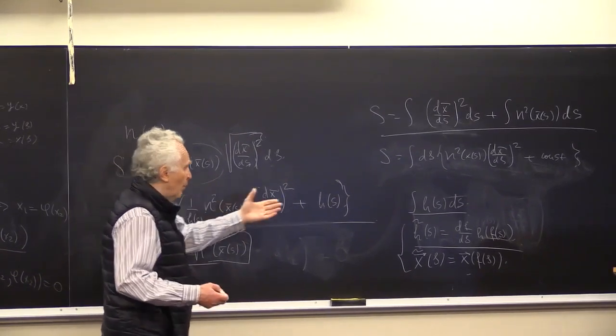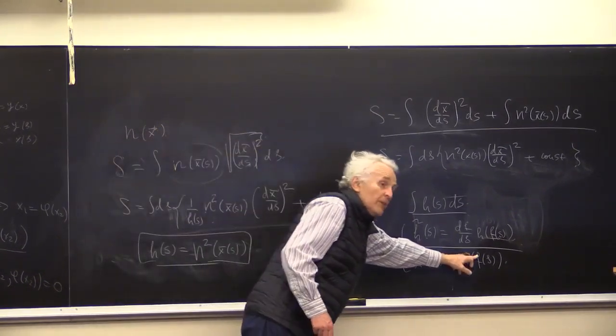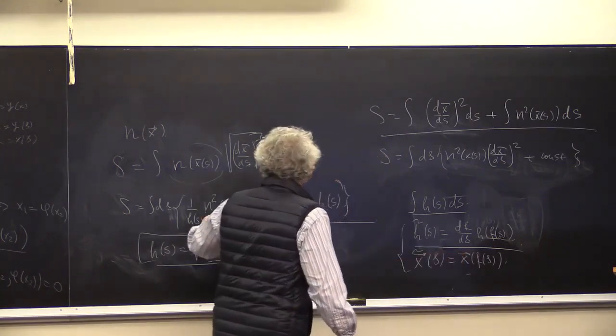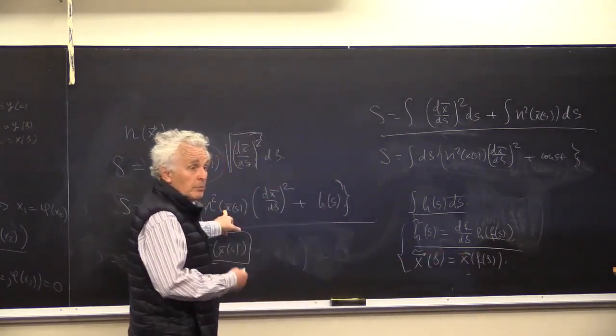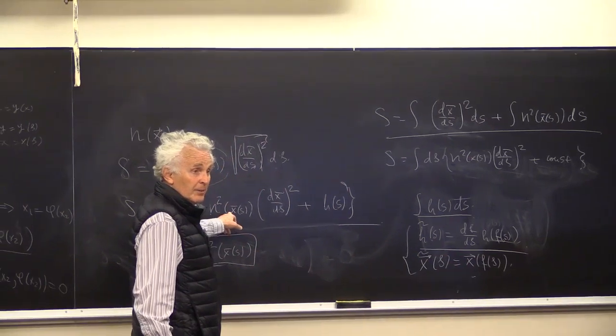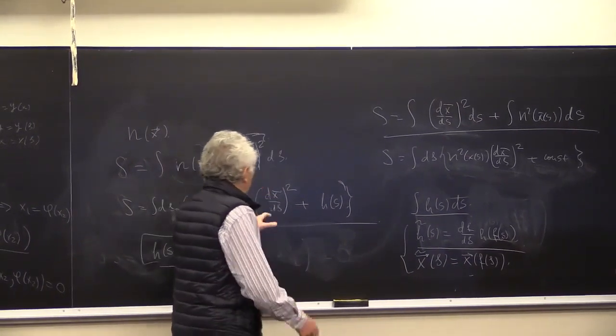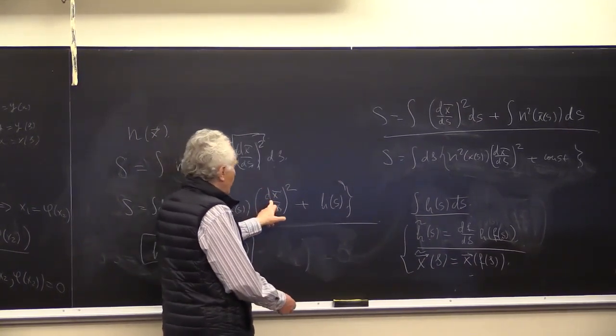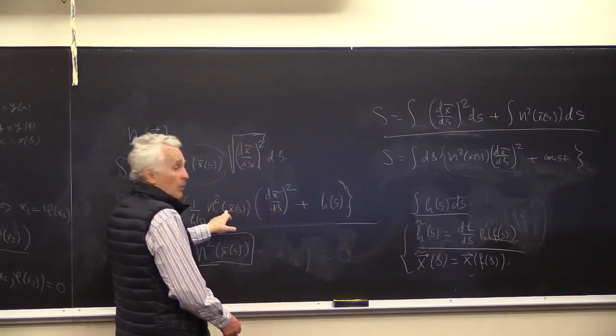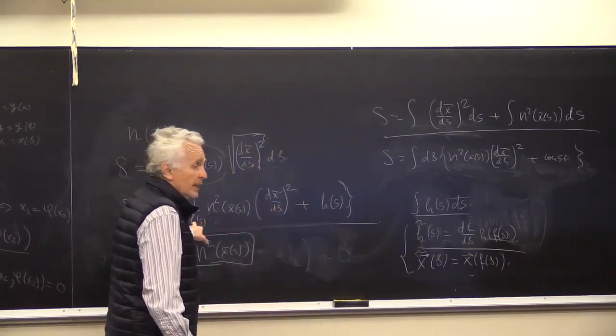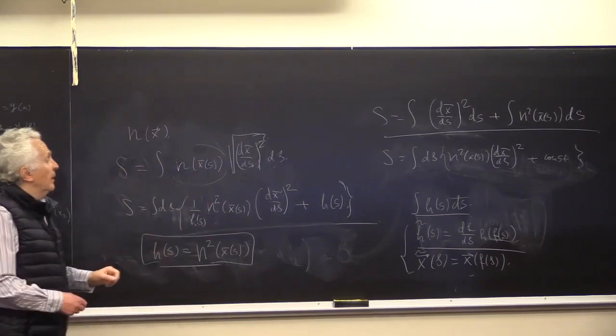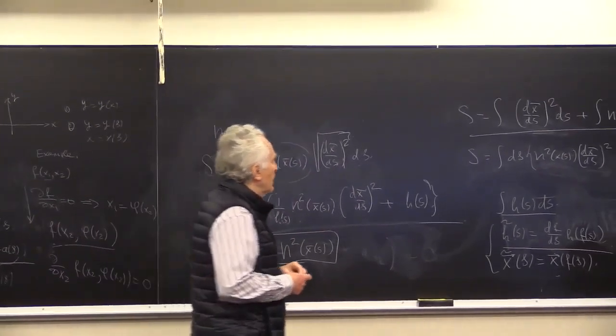So of course you can take some different function f here, but then the action will not be invariant under this transformation. So it is very important that df ds coming from here will cancel df ds coming from here. So it's important.